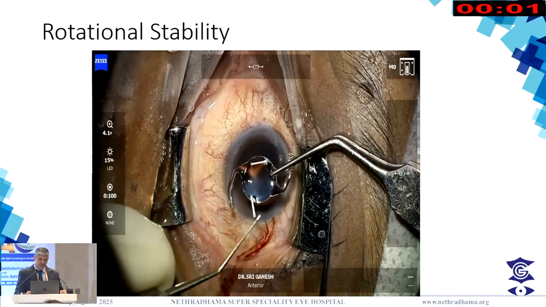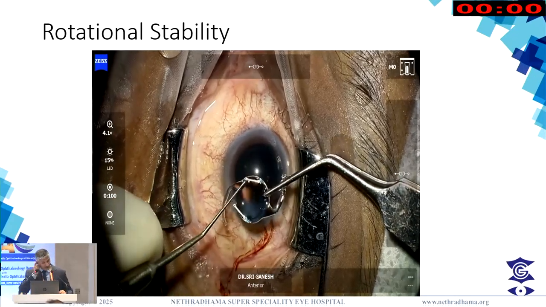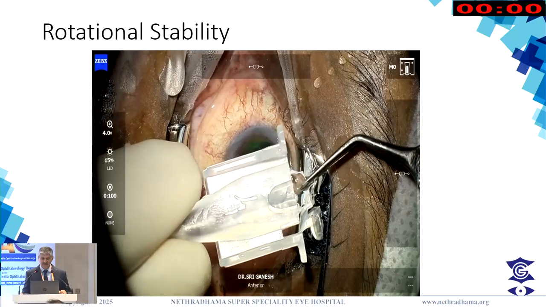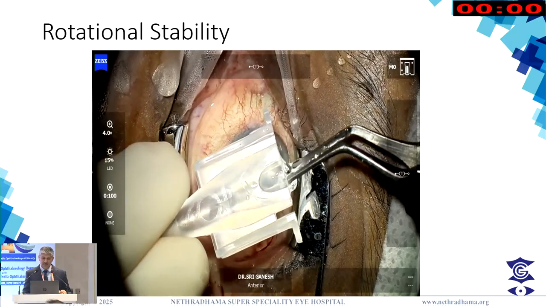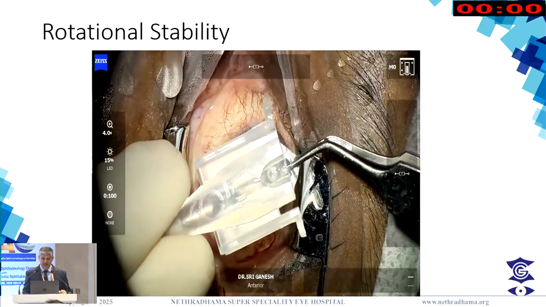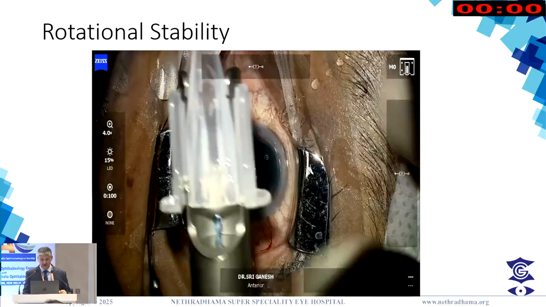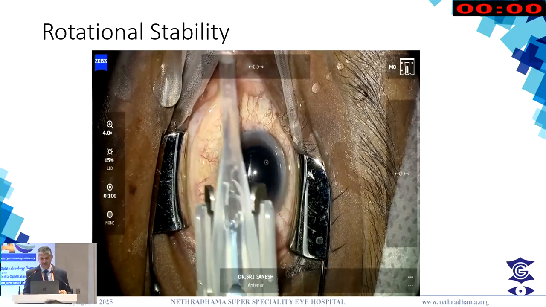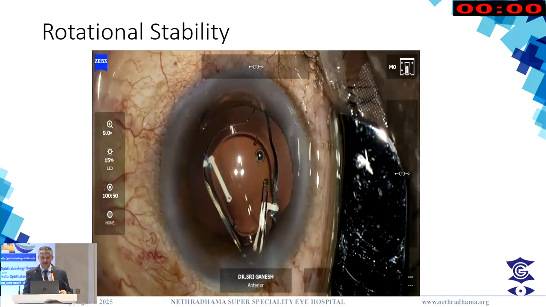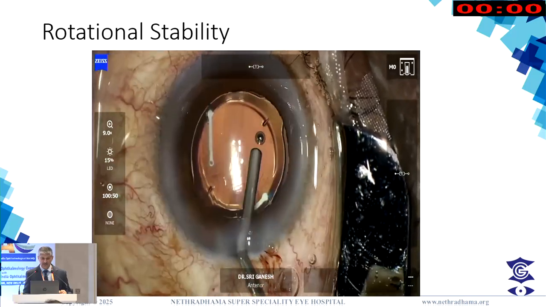Coming to rotational stability, again, you have capsulotomy fixated lenses like the Femtis, and this is my own design of the swivel haptic IOL. We're going to start multicentric trials for this, and we hope to commercialize it in a couple of years. With capsulotomy fixated lenses, you place the lens into the capsular bag.